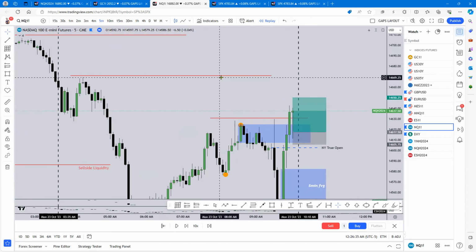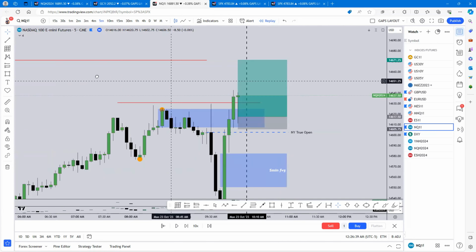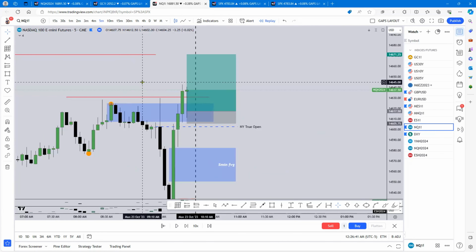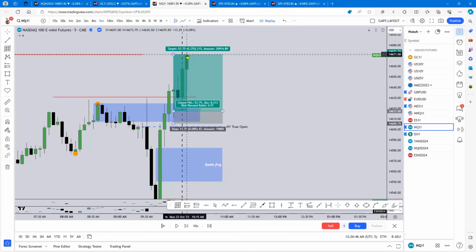And then we can target the next buy side, which is here. So right in there, just outside the 10-10 window, we get a nice 1 to almost 4.5.